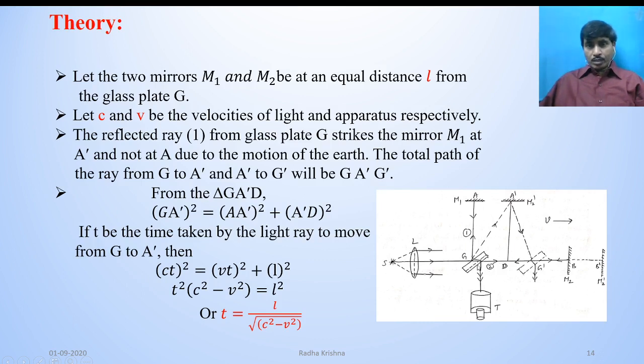Then in the triangle G A' G', GA' squared is equal to A'D squared plus GD squared, because A'D is equal to L. If t be the time taken by the light ray to move from G to A', then (ct) squared is equal to (vt) squared plus L squared.